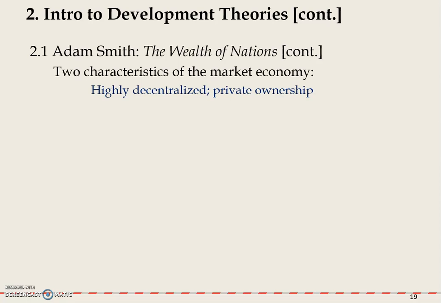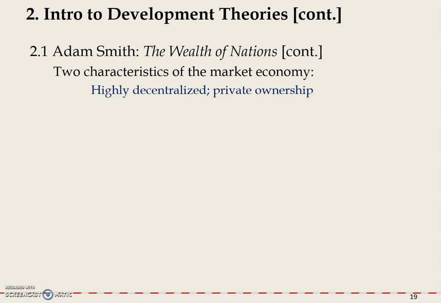The second one is there should be a very strong protection of property right, okay, or the private ownership of the properties. And this is because we assume that the economic agents on the market, including buyers and sellers, make the decision to maximize their benefit or profit.